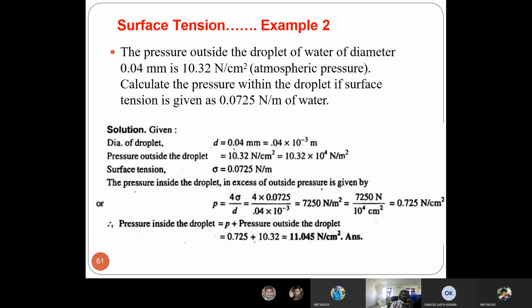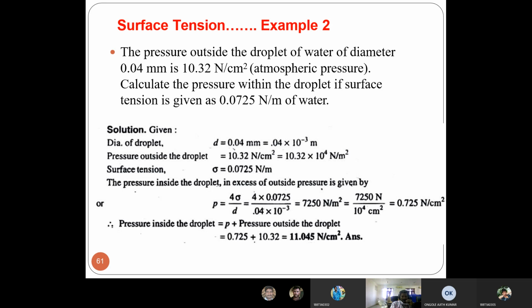What is the diameter? D is equal to 0.4 mm, that is equal to 0.4 into 10 to the power of minus 3. Pressure outside of the droplet is equal to 10.32. Convert it into meter square. If we convert it, we will get 10.32 into 10 to the power of 4 Newton per meter square.